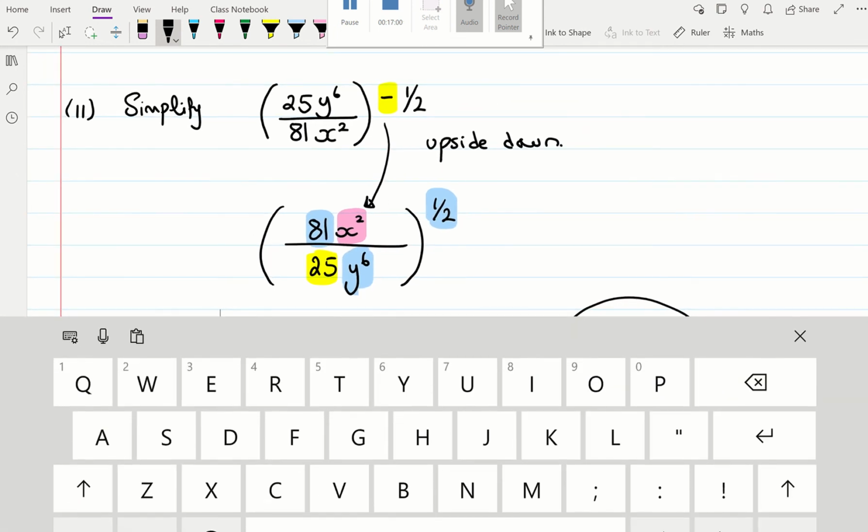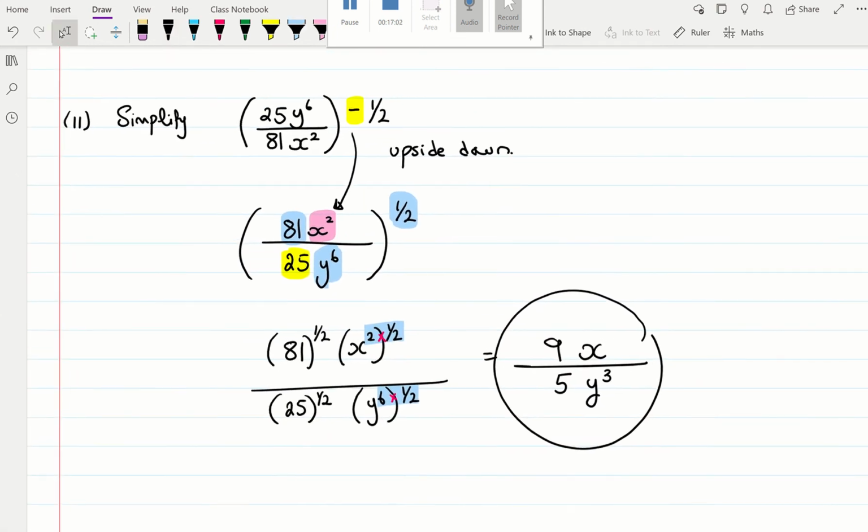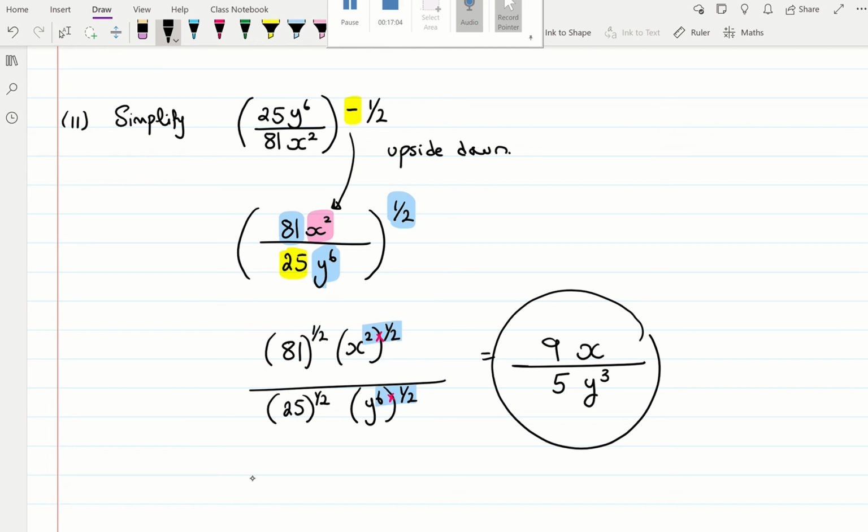It is good to learn the laws of indices. Negatives will either give you a fraction, or they will turn an already written fraction upside down. And anything to the power of a half means the square root of that number. Anything to the power of a third means the cube root of that number, etc. So anything to the power of a quarter is the fourth root of that number.